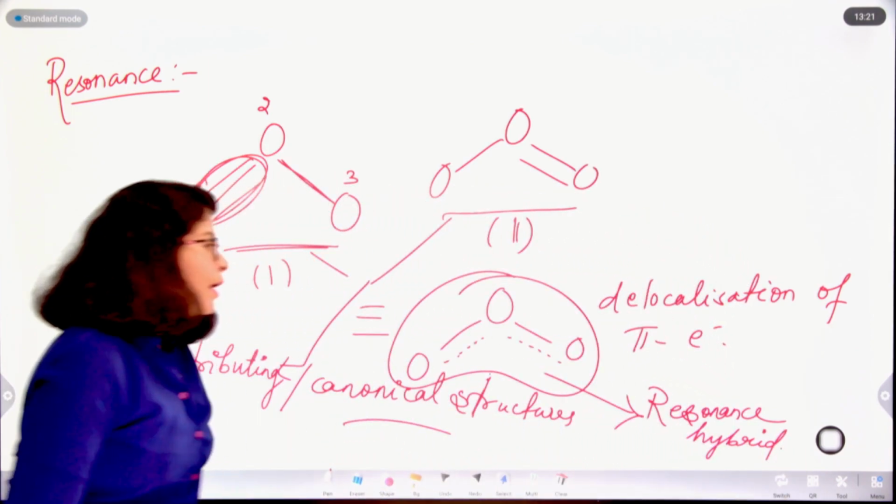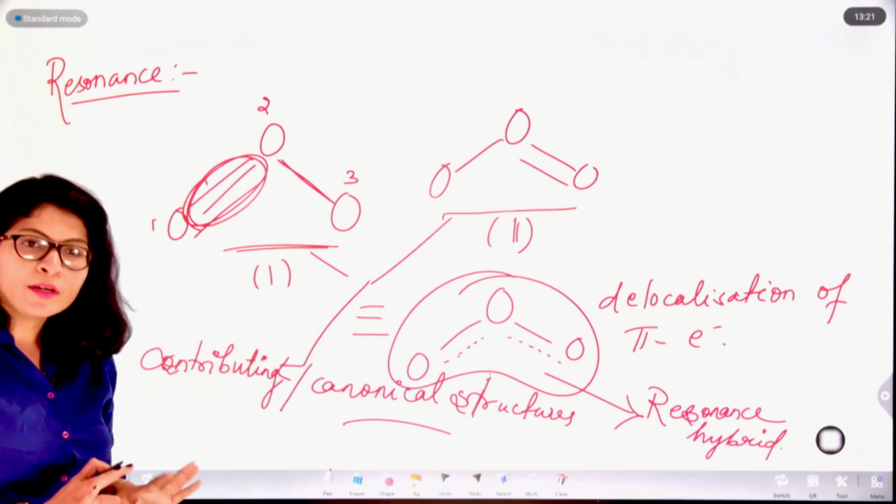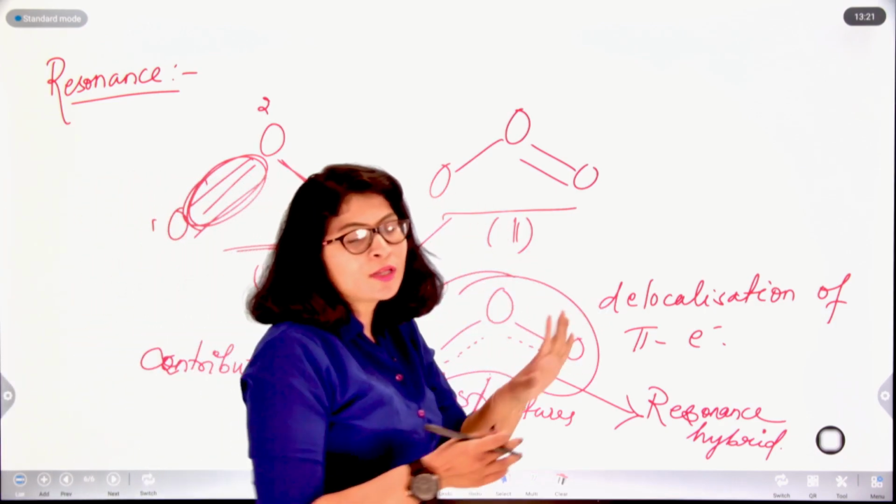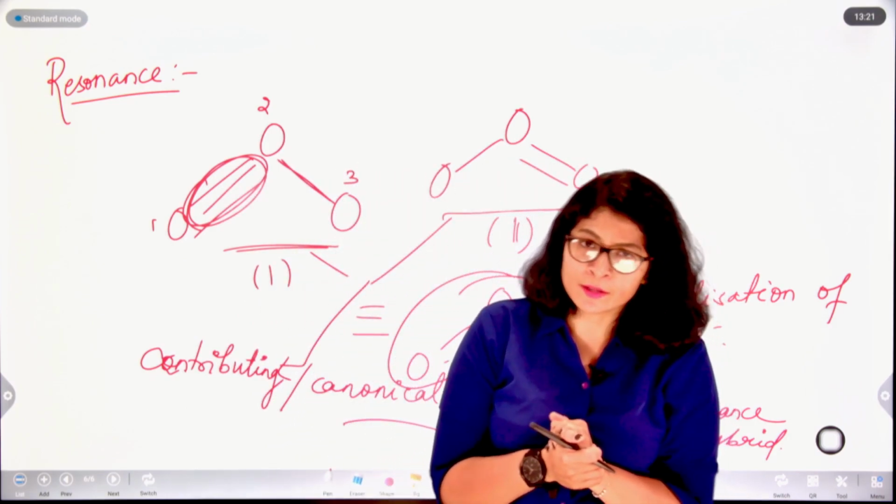The resonance hybrid is the lowest energy structure. The contributing or canonical structures are structures of comparatively higher energies, okay?